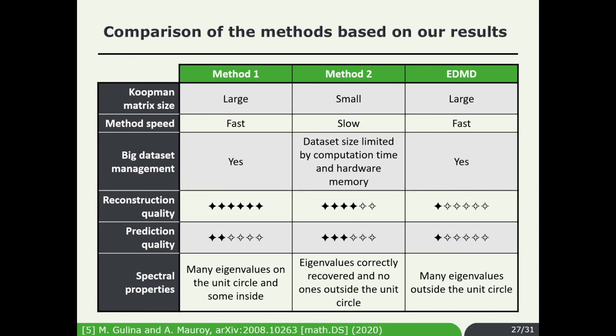It should therefore be preferred if one aims at obtaining the most accurate approximation of the Koopman operator. This method is also quite fast since there is no training process. However, the Koopman matrix obtained with the first method may be very large, since the number of internal states of the reservoir computer is typically large.